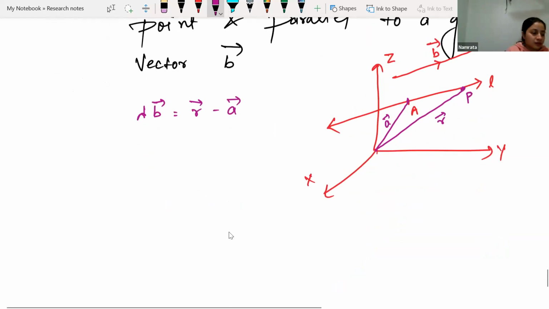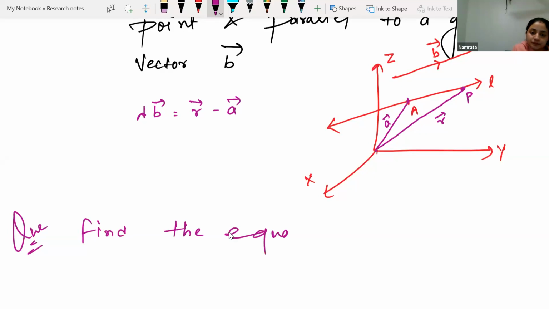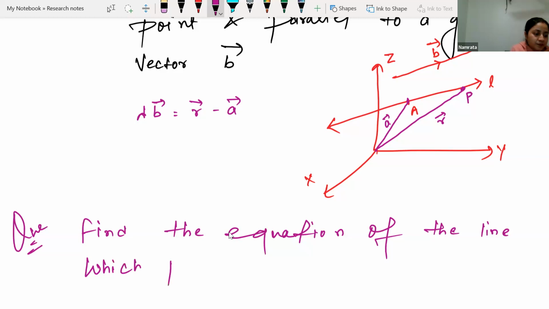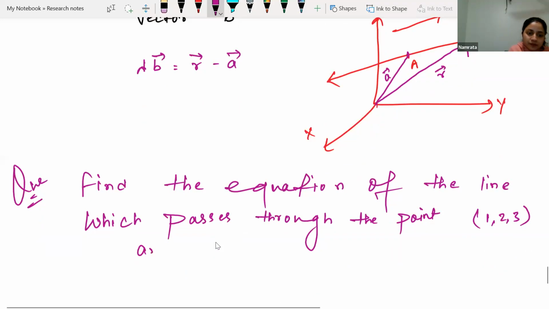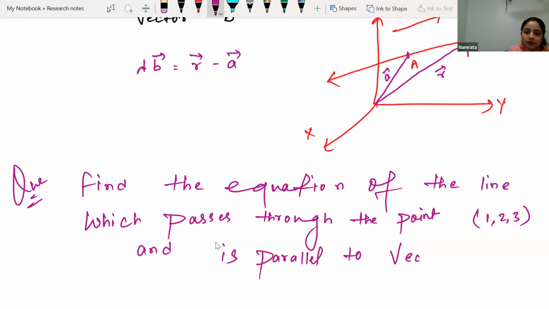So the question is: find the equation of the line which passes through the point (1, 2, 3) and is parallel to the vector 3i plus 2j minus 2k.